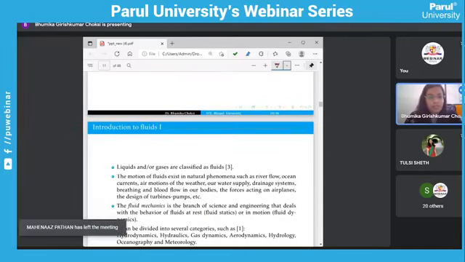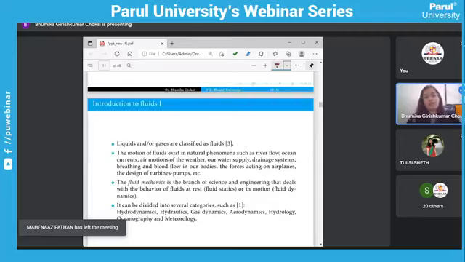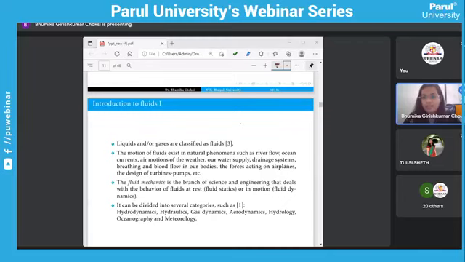And for this I need some basic criteria of fluid flow through porous medium. So for that, I'm quickly going to this part. What is fluid? I hope you know what a fluid is. Can I get an answer from the audience?